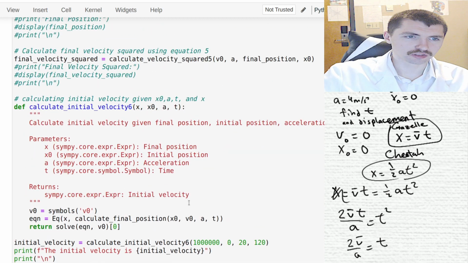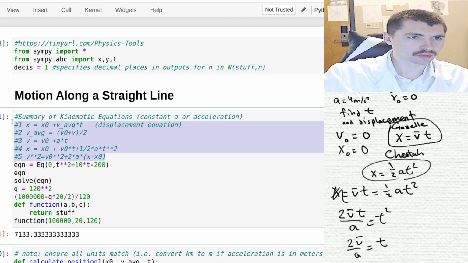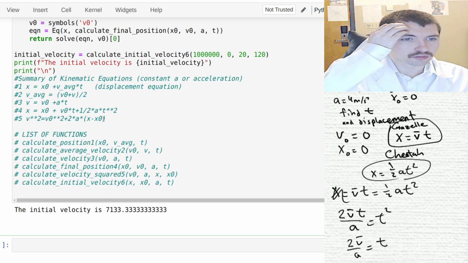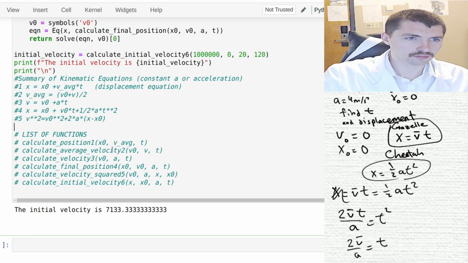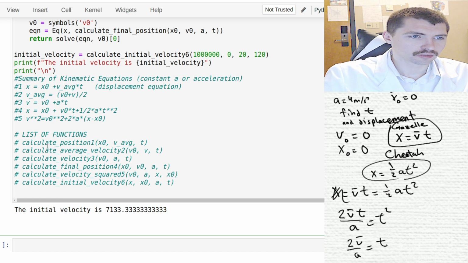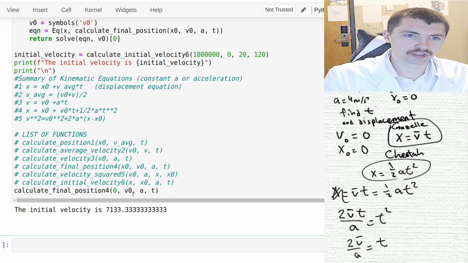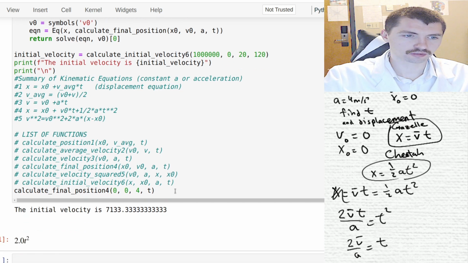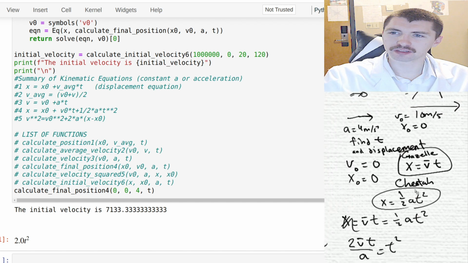So we're going to use, what function are we going to use? We're using number 4, so we're going to use x naught is 0, v naught, the cheetah is 4, t is unknown. Does that make sense?